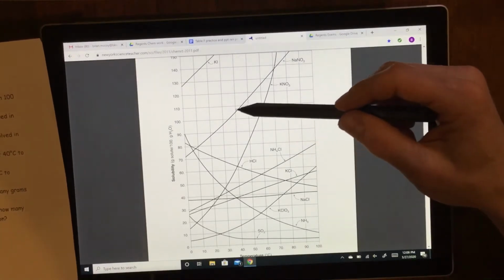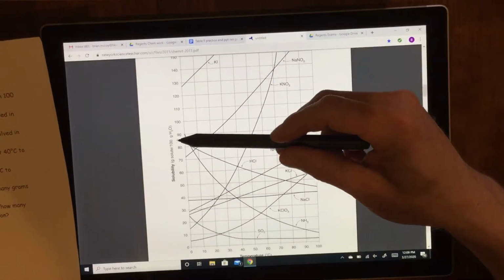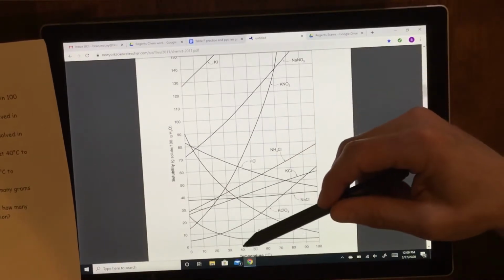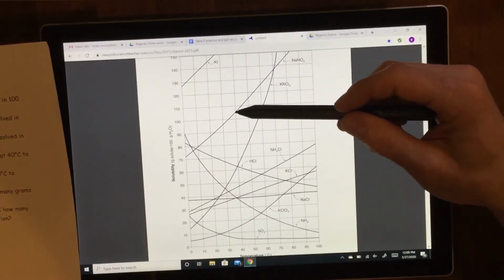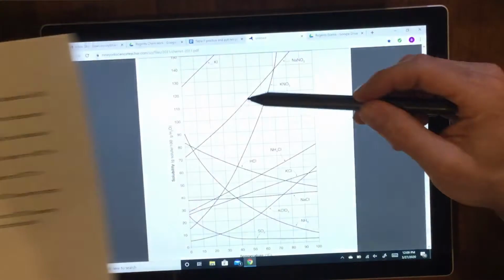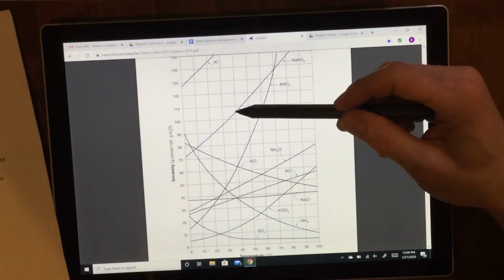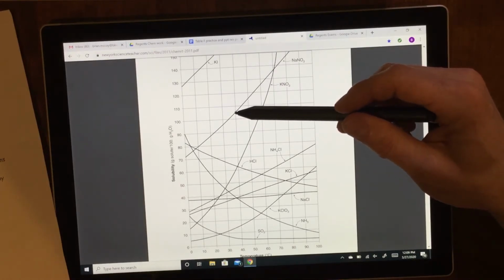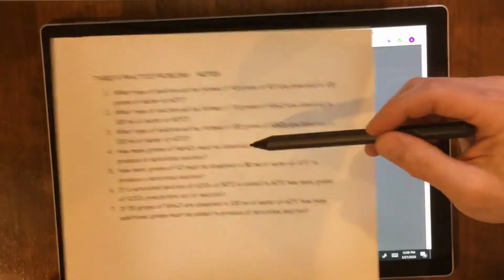So in 100 milliliters at 40 degrees, a saturated solution is 105 grams of NaNO3. The question wants to know 200. So if it's 105 grams in 100 milliliters of water, for 200 milliliters of water you would double 105. So that's 210. 210 grams for number 4.